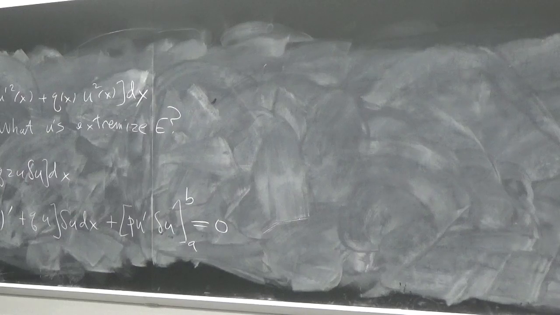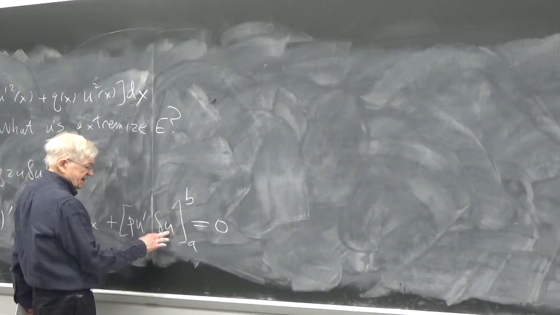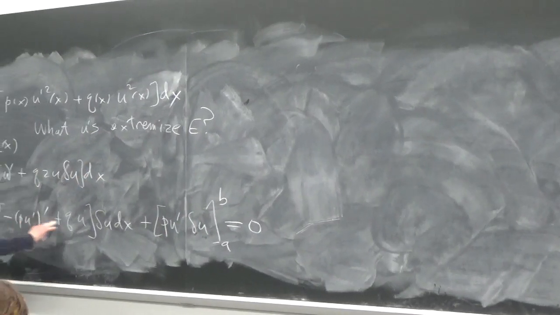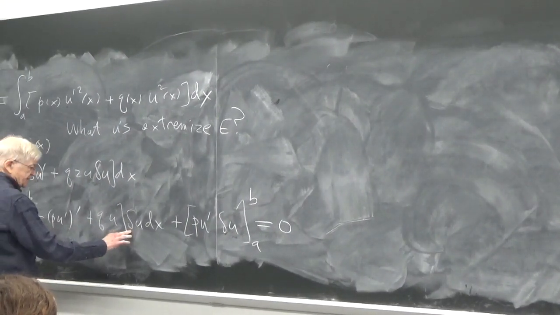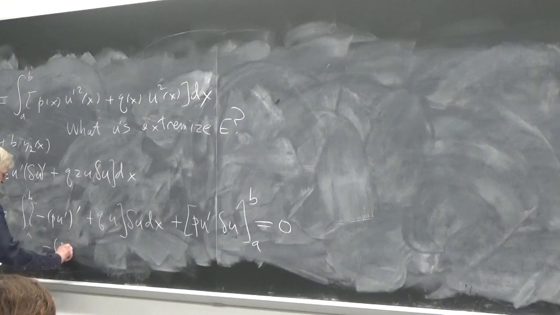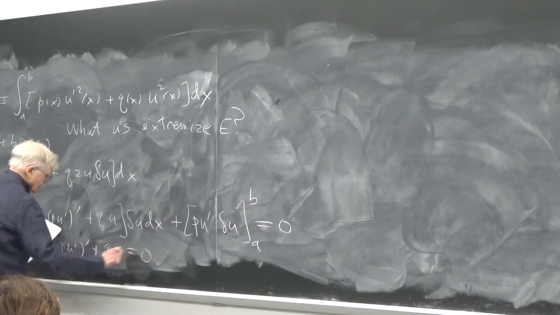In that case, the changes vanish at the endpoints by assumption, so this term is 0. If this has to be 0 for all delta U that are tiny, then we get a differential equation, which is minus P U prime prime plus QU is equal to 0.